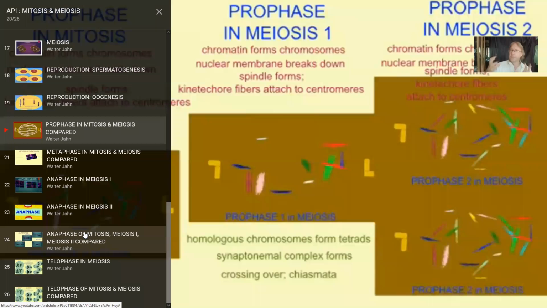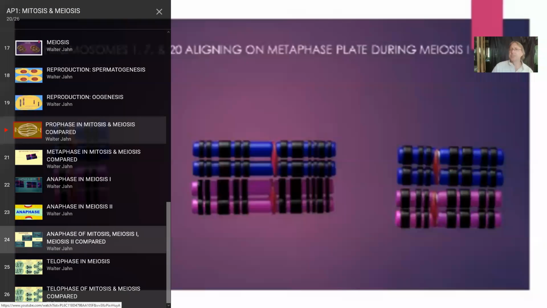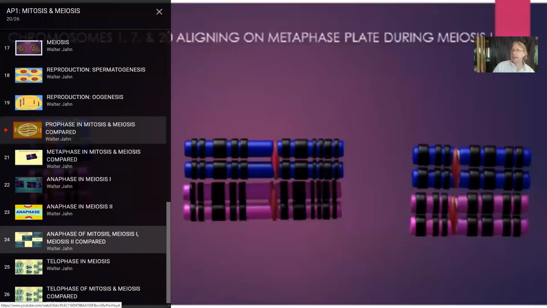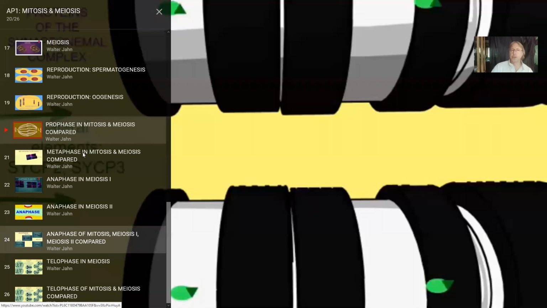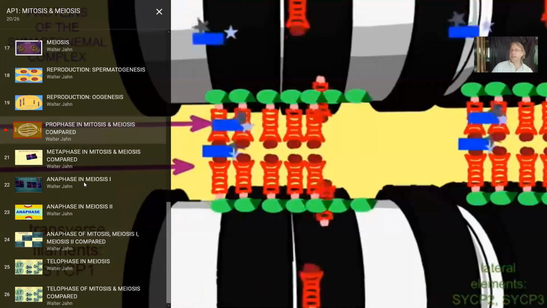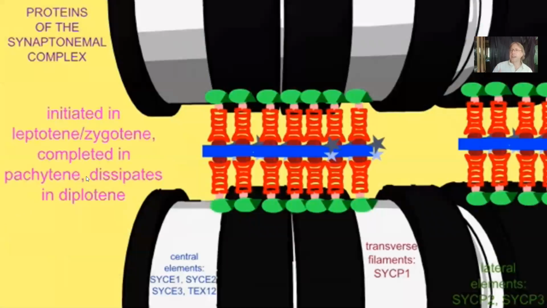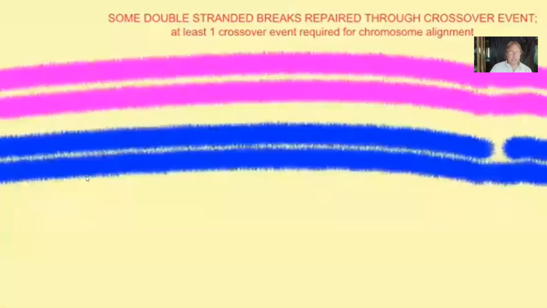But once again, for A&P 1 students, this is probably a bit more in depth than you need to know, although the videos are here if you would like. And so for A&P 1 students, meiosis is covered in much greater depth in Anatomy and Physiology 2 in the reproductive system chapter.